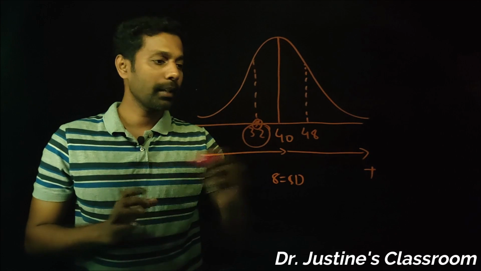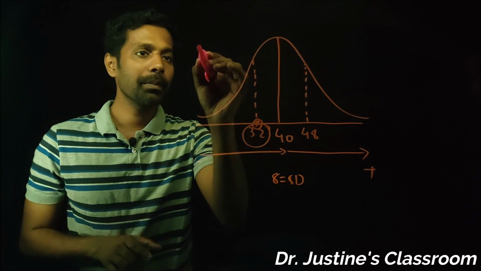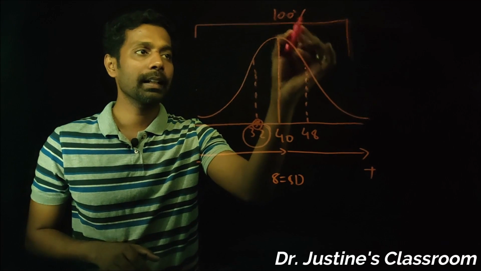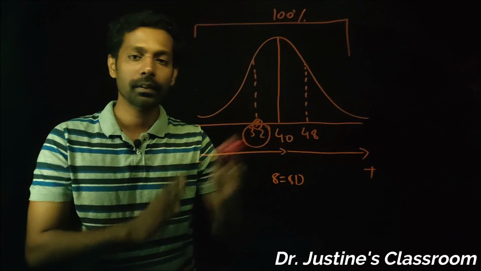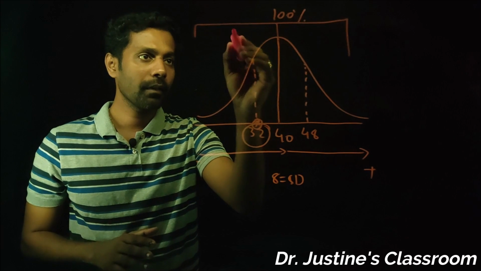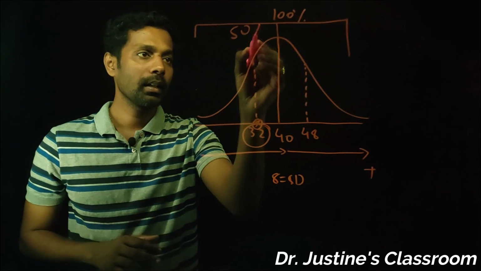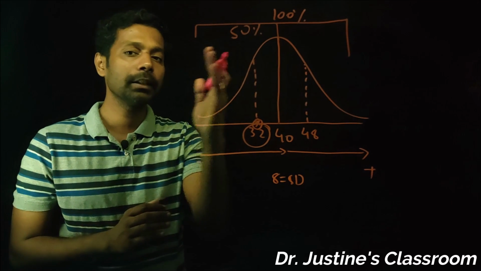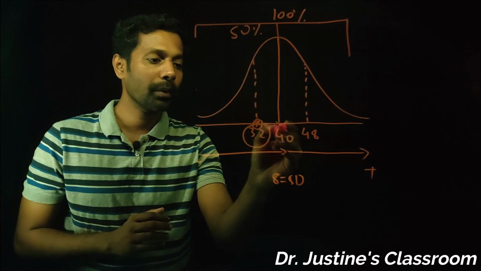So now look into the entire percentile thing. Of these many people under the curve, you have 100%. That's right? The entire sample is under this curve, and half of them will be 50%. So the percentile position, if you look at the 50th position, will be the center point.